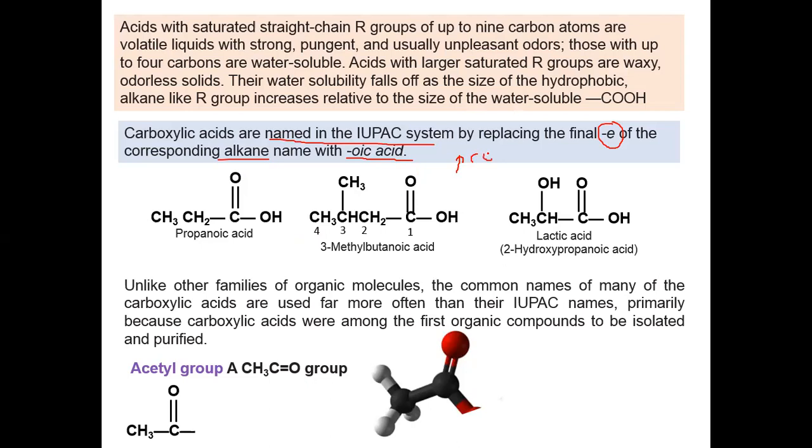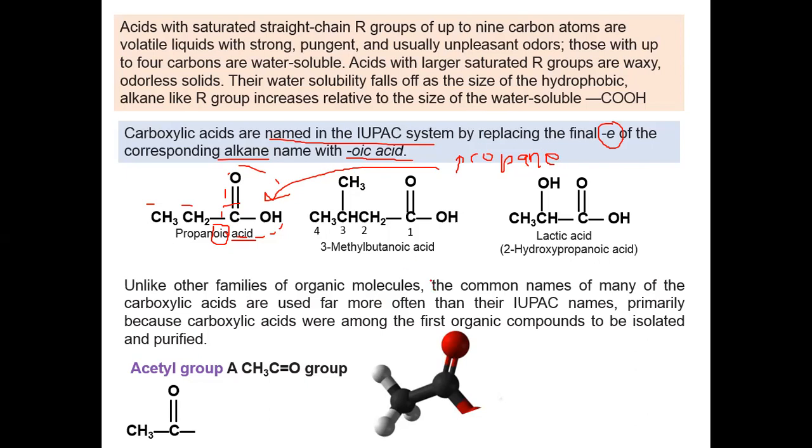The corresponding carboxylic acid is going to be propionic acid. You just change E to OIC and then add acid. Why is it propionic acid? Because you have 1, 2, 3 carbons, and you have the carboxylic group also.